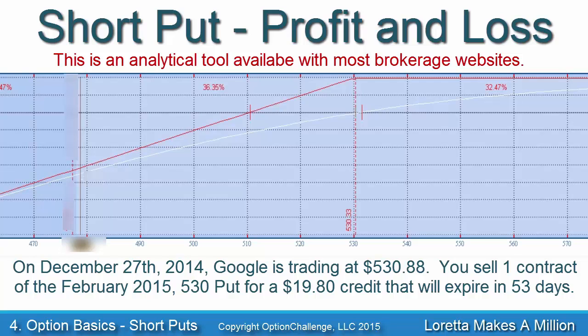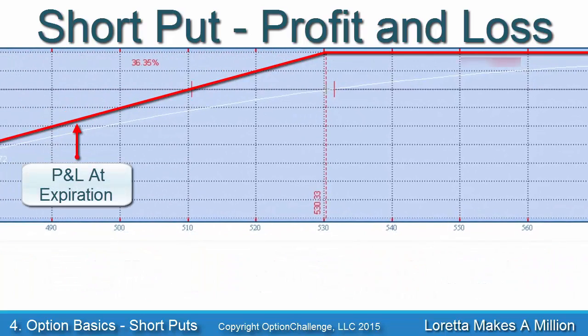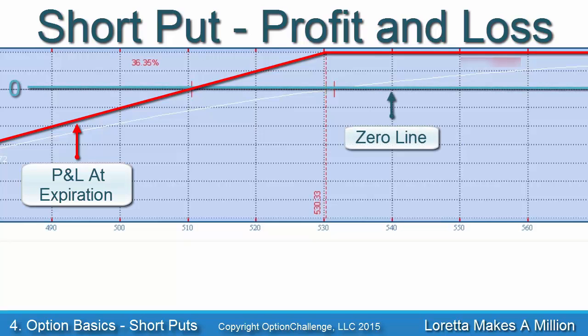You sell one contract of the February 2015 530 put for a $19.80 credit that will expire in 53 days. The red line is the profit and loss graph of the short put at expiration. For now, we are going to focus on the red line and ignore the white line.